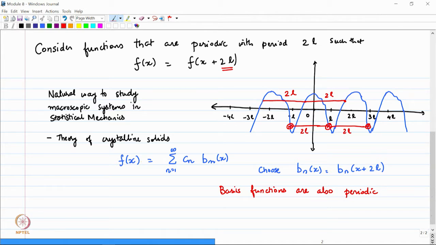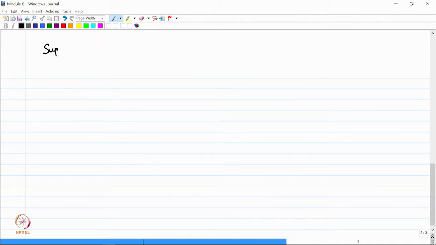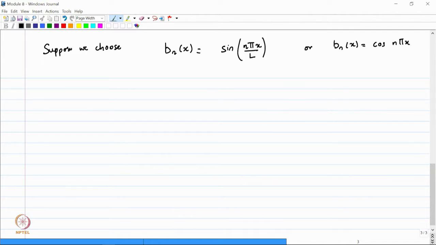Now what is the choice for basis? Suppose we choose Bn of x equal to sin n pi x by L, or cosine n pi x by L. Notice that both of these are periodic functions.